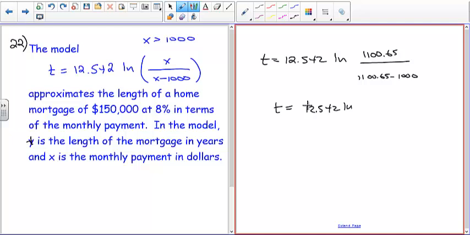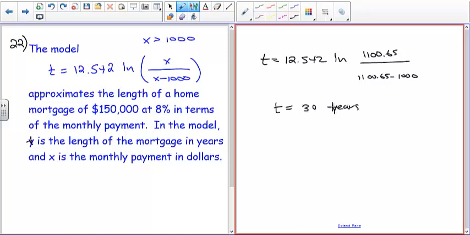So I'm just going to say 12.542 times the natural log of 1,100.65 divided by 1,100.65 minus 1,000. Close parentheses twice, and put that in your calculator, you get 30, which is 30 years.